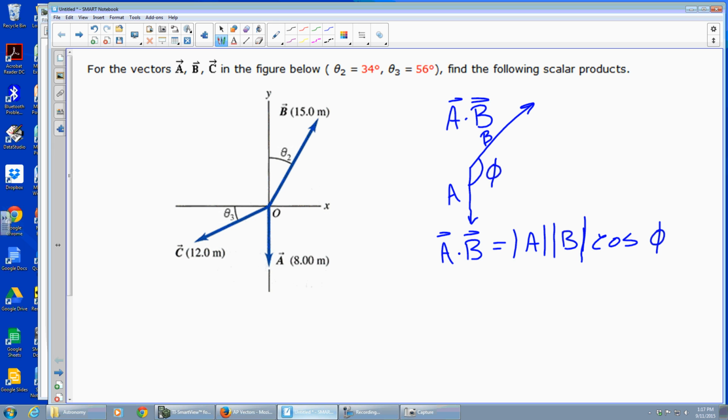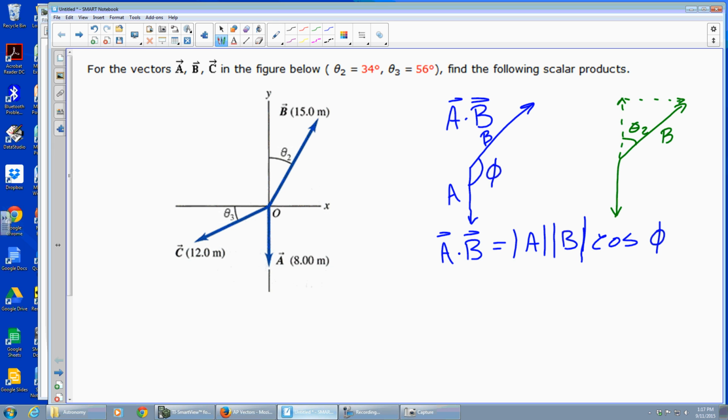It would be the cosine of theta 2. Let's look at this another way. If I've got these two here, and I break B into components here and here, this is B, and this is theta 2 in my case.